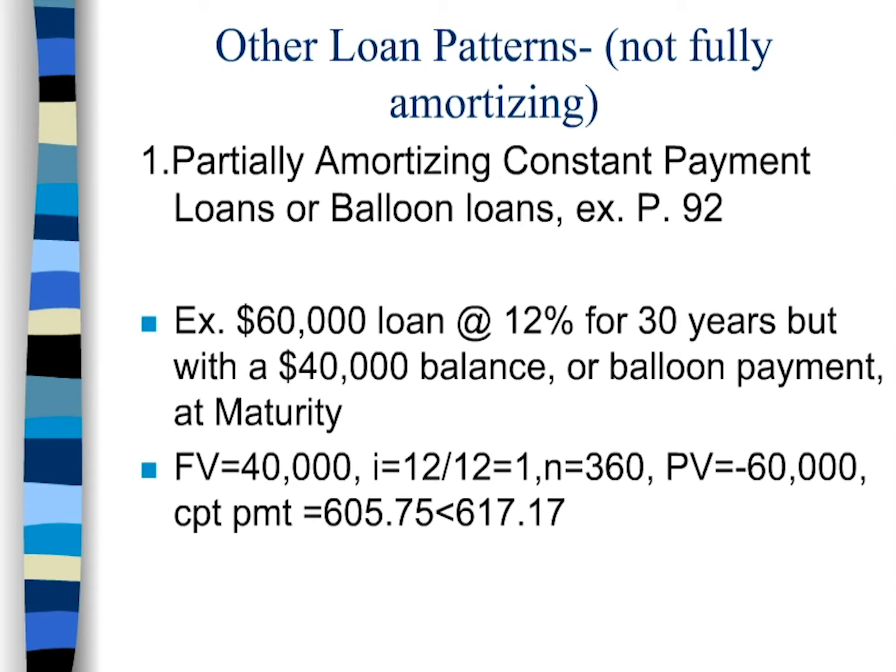So the future value would be the $40,000, the interest rate's 1%, N is 360, and the present value is the amount you want to borrow, the $60,000, and you just compute the payment. One interesting thing to note here is that, instead of paying the entire thing off, you're only paying 1/3 of it off, but your payment is only going down $12 a month. So not much of a savings.